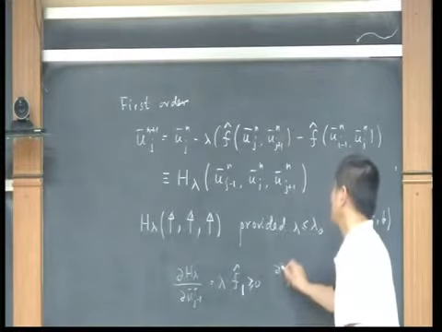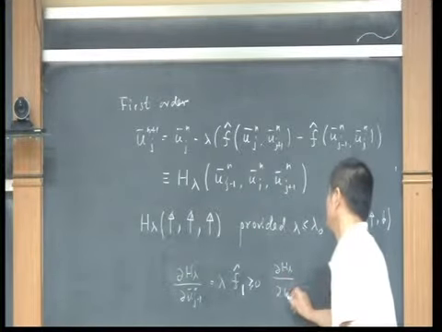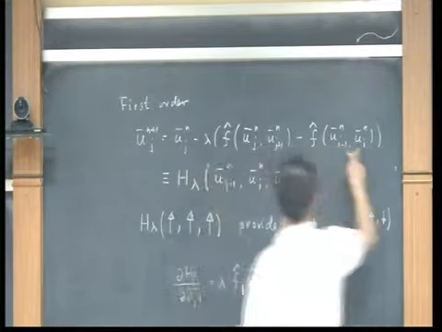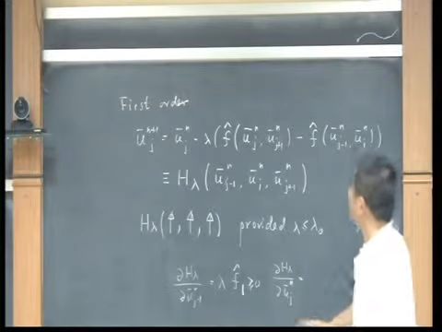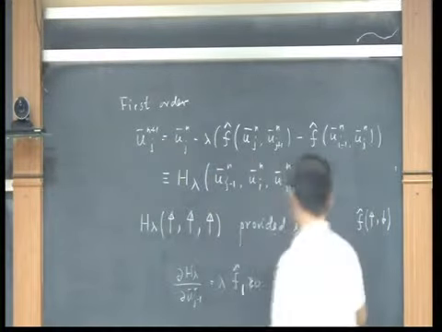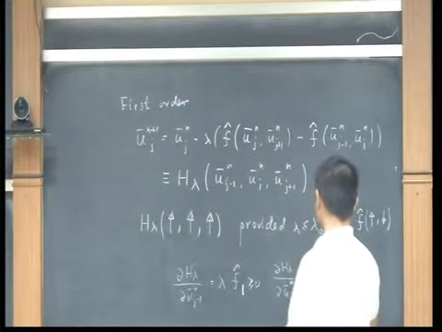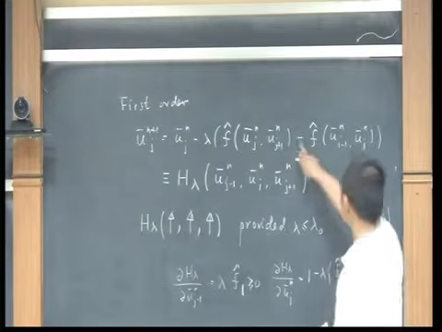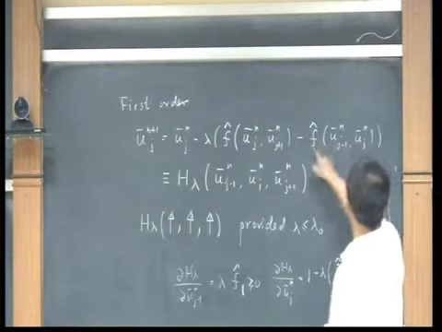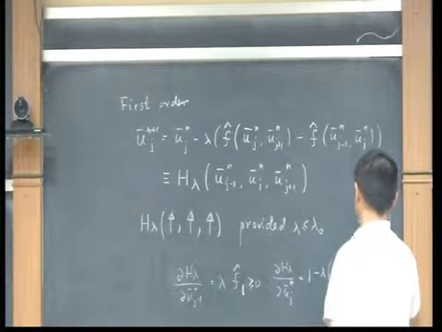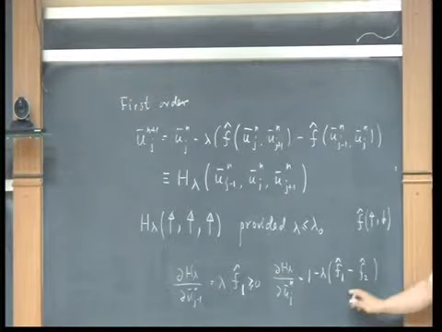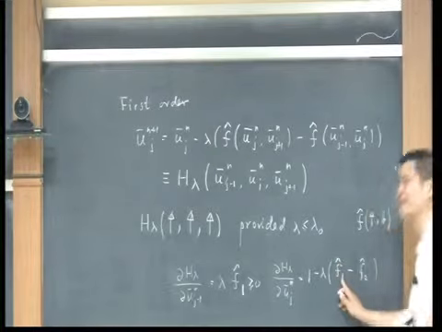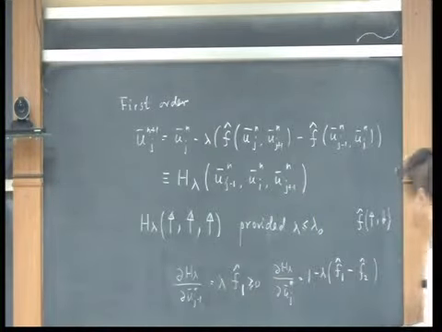About the second argument, it appears in 3 places, here, here, and here. So I just take the derivative, so it's 1 here. It appears here minus lambda f hat 1, plus lambda, so minus here f hat 2. I'm a little bit sloppy, right? What that means is that it is the partial derivative of this guy with respect to the first argument evaluated at this location.